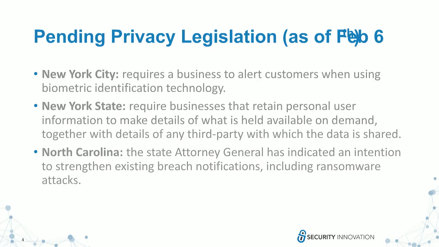North Carolina's Attorney General recently said they intend to strengthen existing data breach notifications, which would include if a ransomware attack was successful and had somehow manipulated user data. Did it encrypt that data? Did it steal that data? That's typically not included in data breach notification laws.